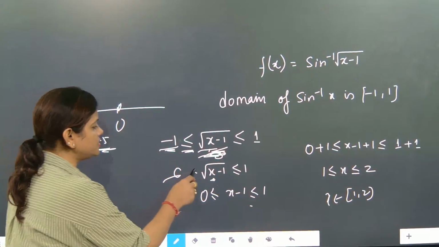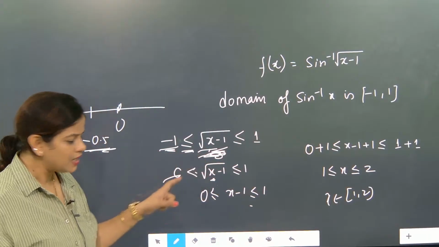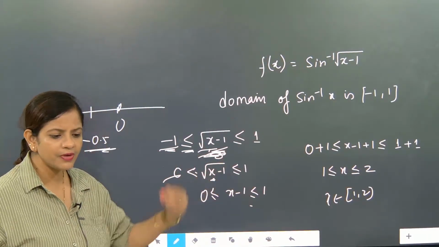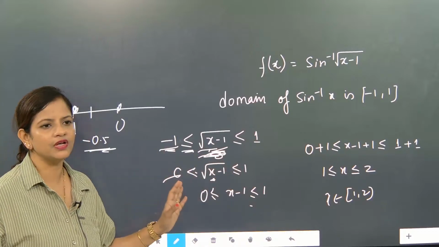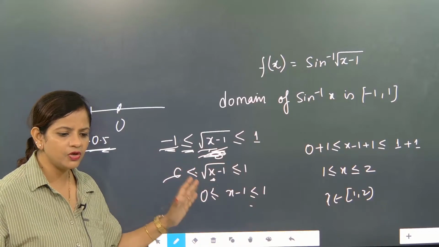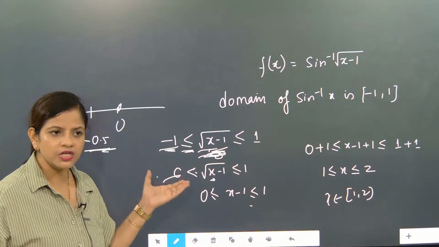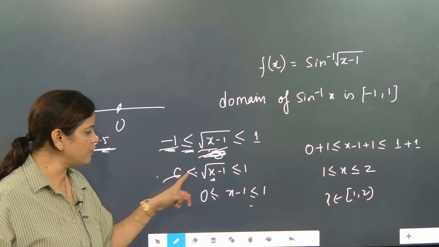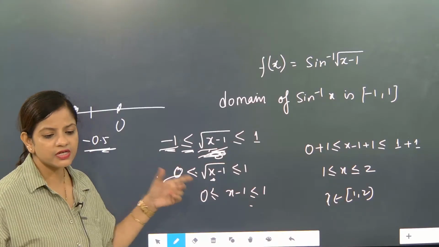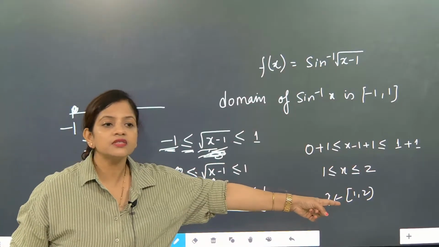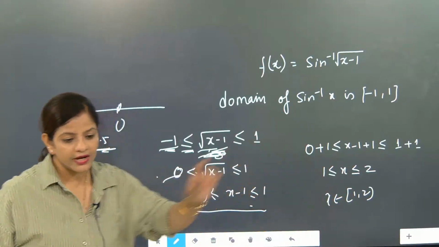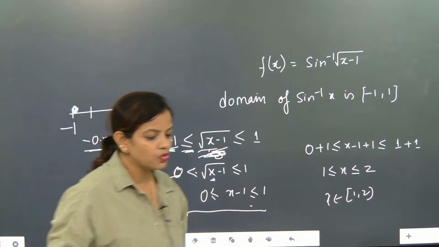Greater than 0 means it will become 1. If 1 is coming, then 1 minus 1 will become 0. Correct? Strictly greater than 0 means whatever value comes should not give you 0. Understood or not? So here we remove 0. If I say strictly greater than 0, all the numbers will be coming, so it is strictly greater than 1 to 2. It will include 1 and 2. So what did we do?